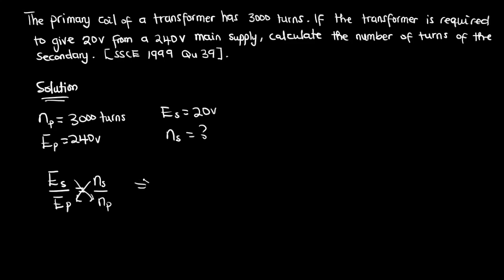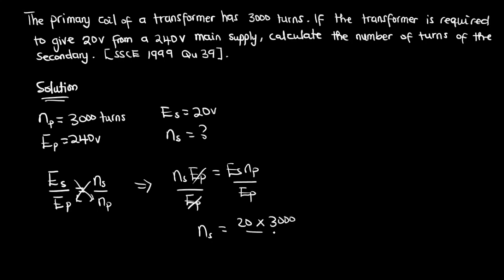So this will give me NS EP is equal to ES NP. So I divide both sides by EP, so this will cancel this. So the number of turns in the secondary is equal to my ES, which is 20 volts, multiplied by the number of turns in the primary, which is 3000, over the EMF in the primary, which is 240.